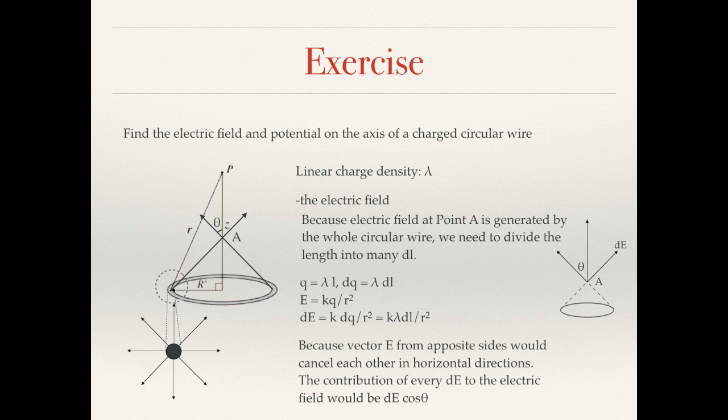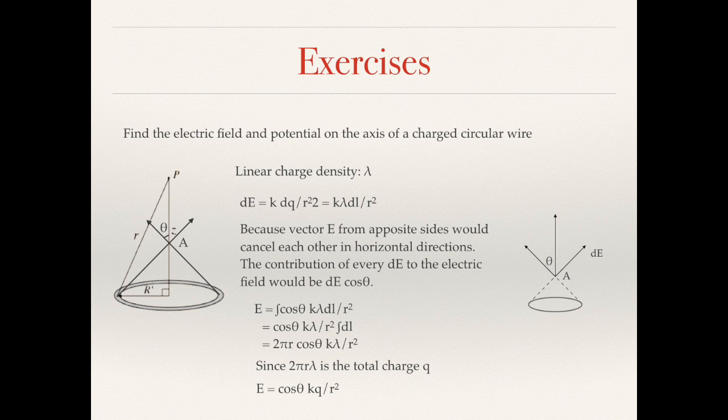And we need to notice that the vector E, the electric field, from opposite sides of the wire will cancel each other in horizontal directions, as is shown in the graph on the right. The contribution of each dE to the electric field overall will be dE times cosine theta.